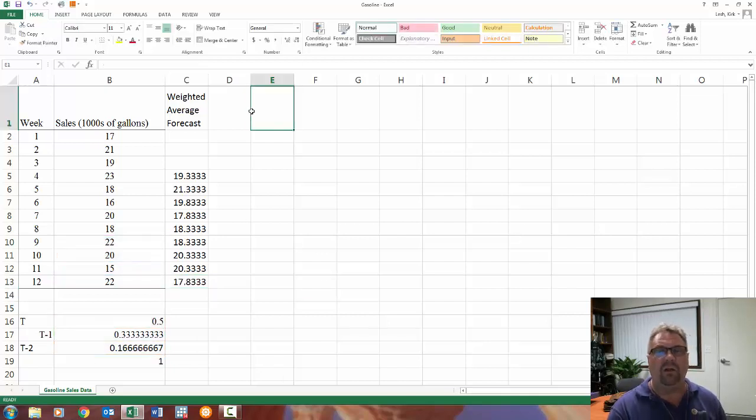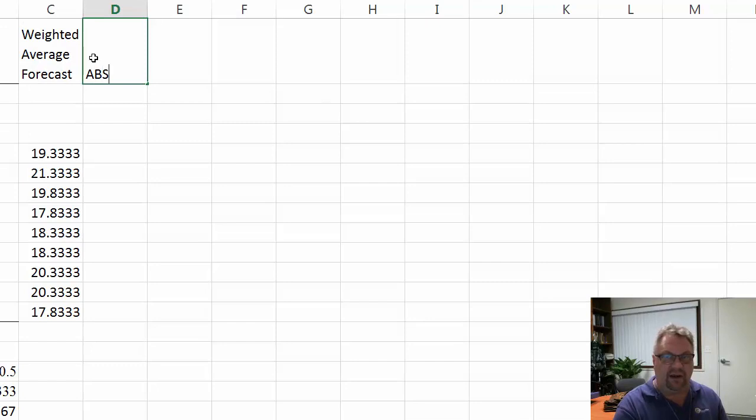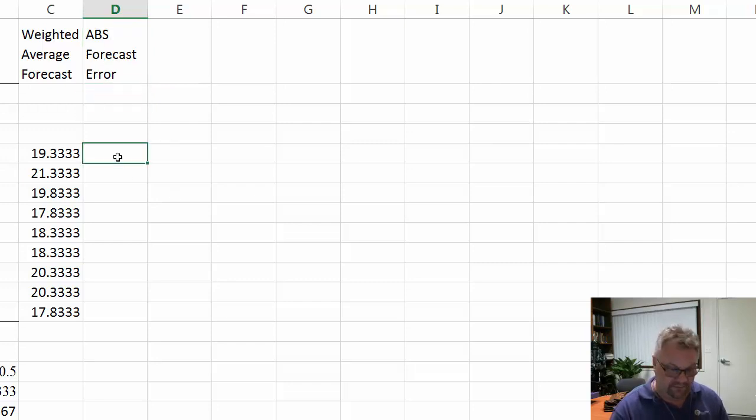Now that I have my forecast, I start calculating all of my accuracy measures. I'm just going to start off with the absolute value of the forecast error. So the absolute value of actual minus the forecast.